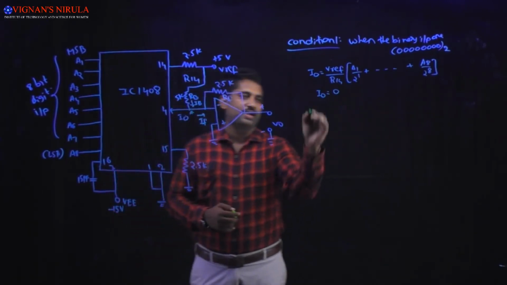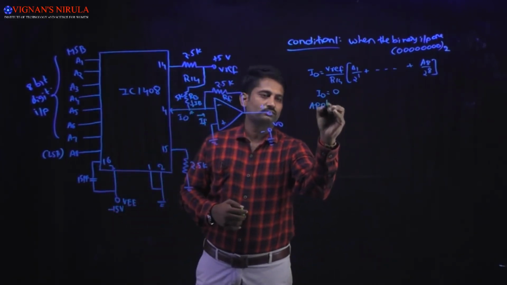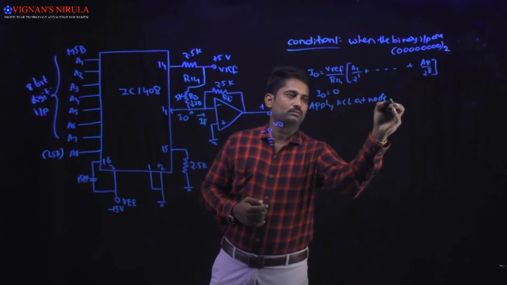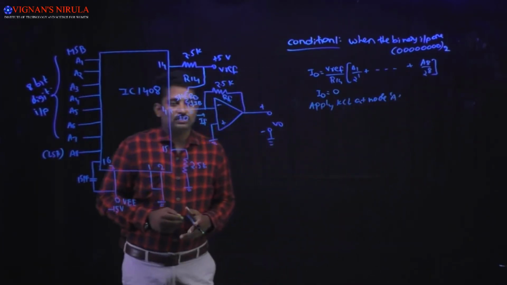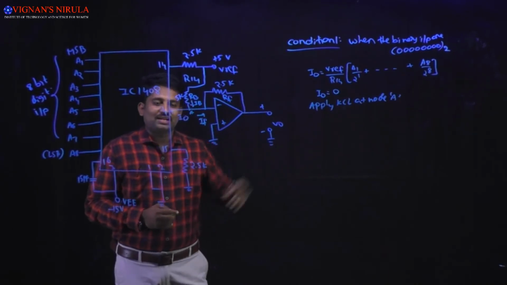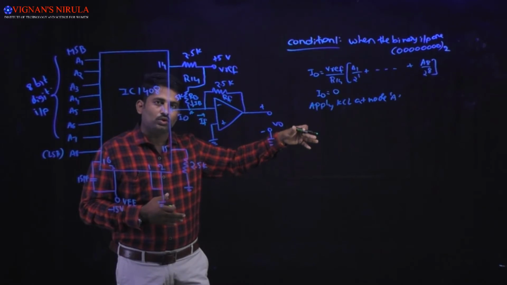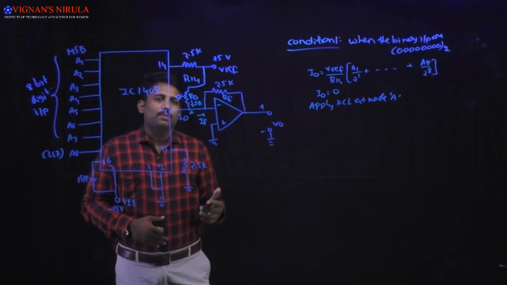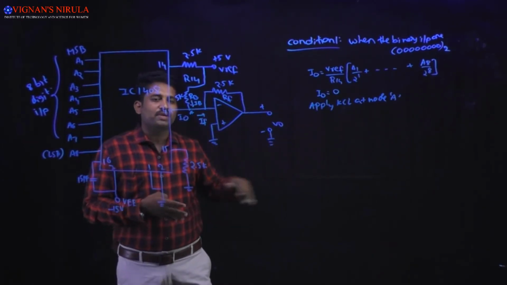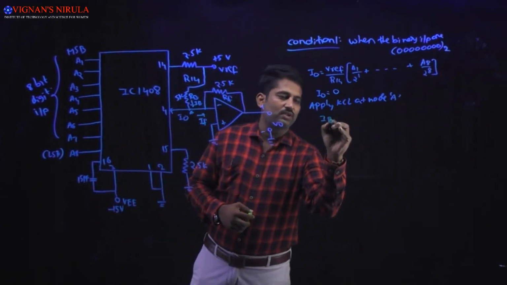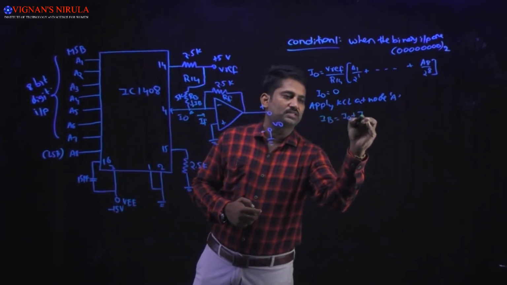Now what happened? That means the current entering at that node will be equal to the current leaving at that node. So here IB will be equal to I0 plus IF.